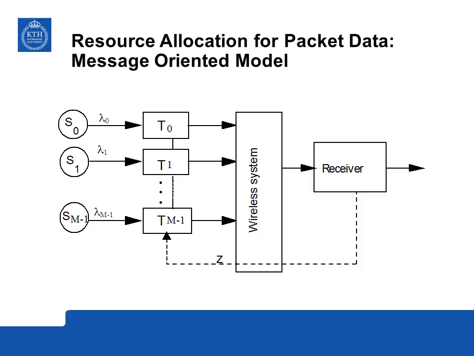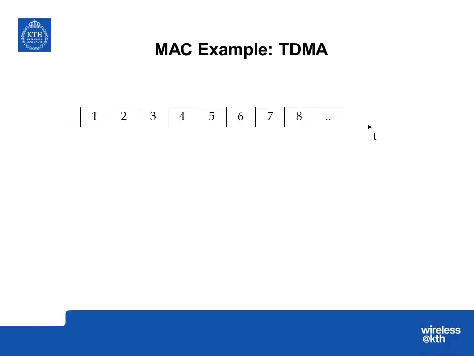Let us take a simple example to illustrate how this works. In this simple example, the wireless system is a time division multiple access channel, which means that there are a number of time slots, here denoted 1 to 8, that can be allocated to the different transmitters in various ways.